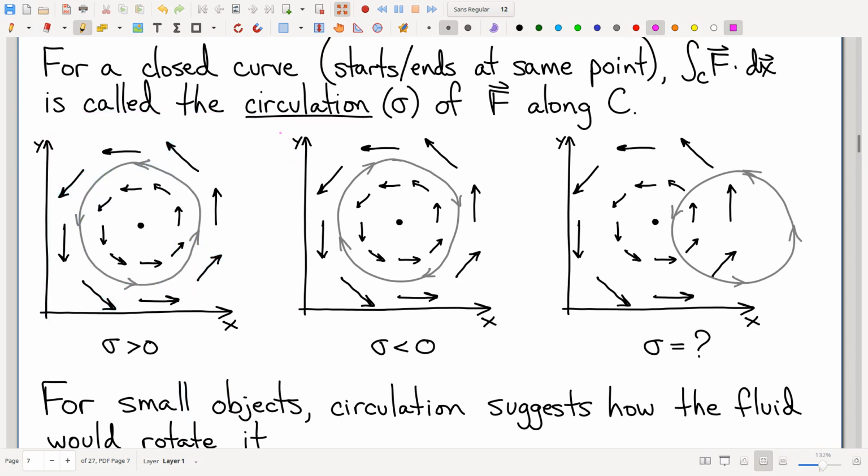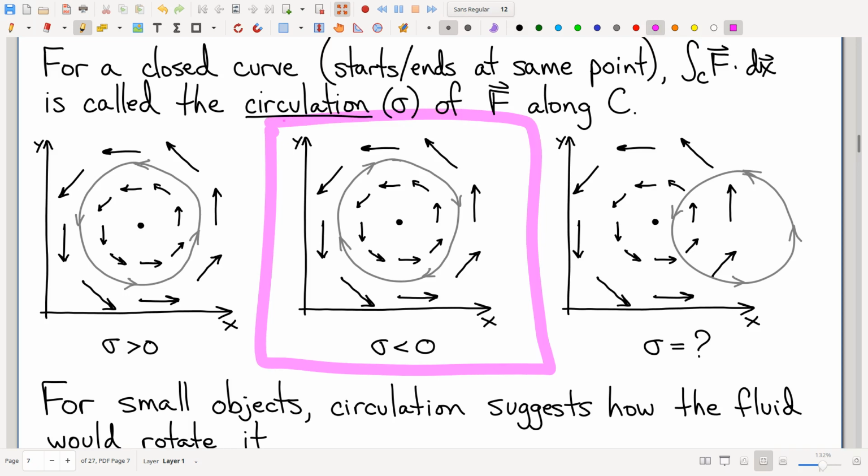Okay, now, related example. Let's look at this case right here. Here now I have a new curve. This curve now is going the other direction, but the fluid is going the same direction it had been. So now, to what extent is the fluid flowing along the curve? You might be tempted to say, well, yeah, check it out. Look at that fluid.